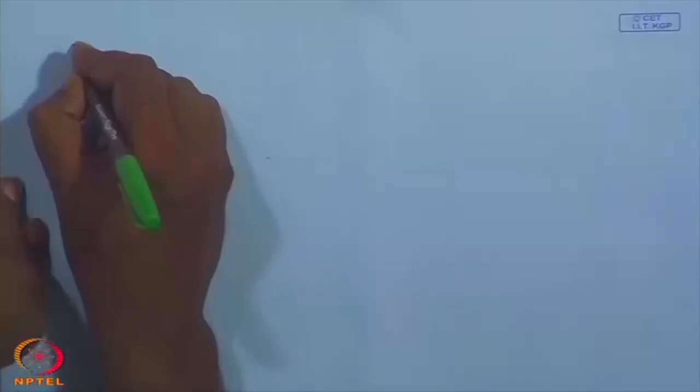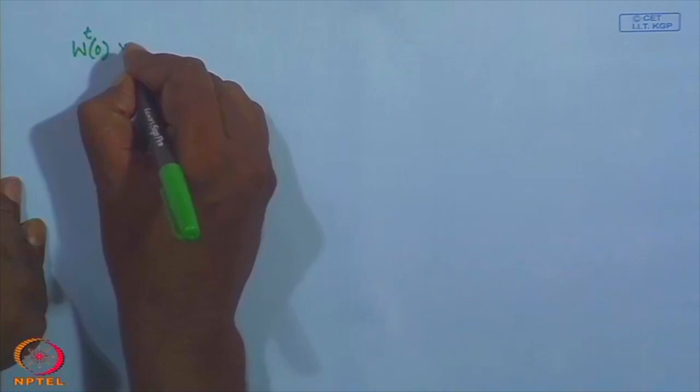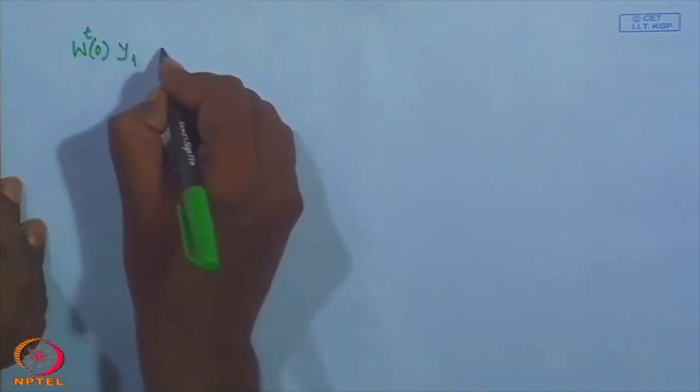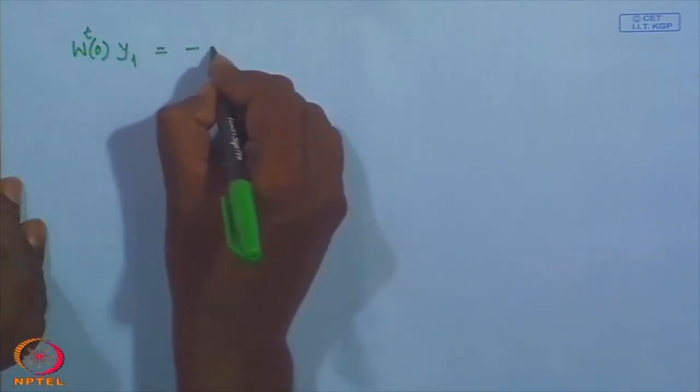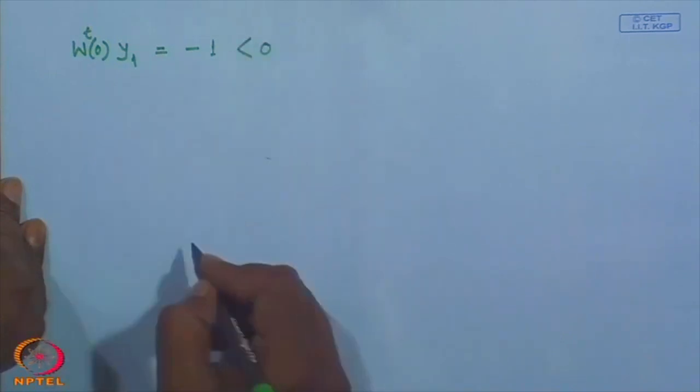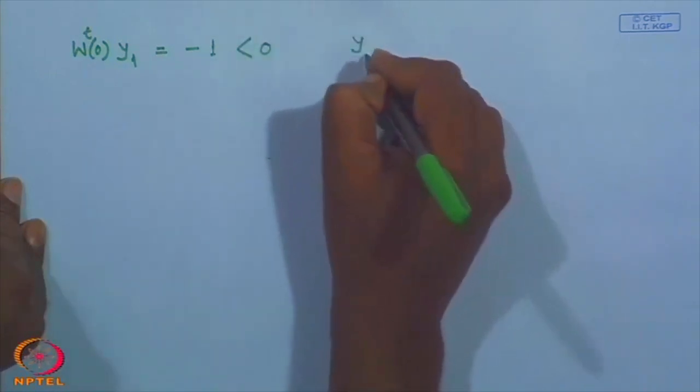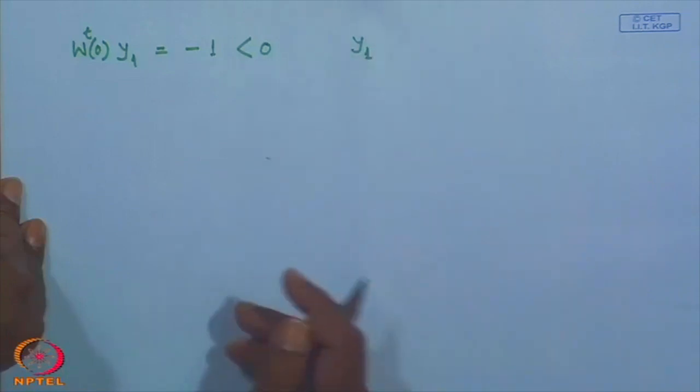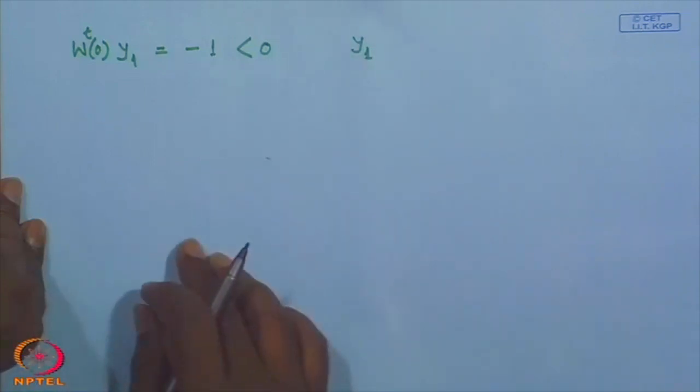W0 transpose y1 has a value minus 1, which is less than 0, so I have to consider y1 for modification of my weight vector.